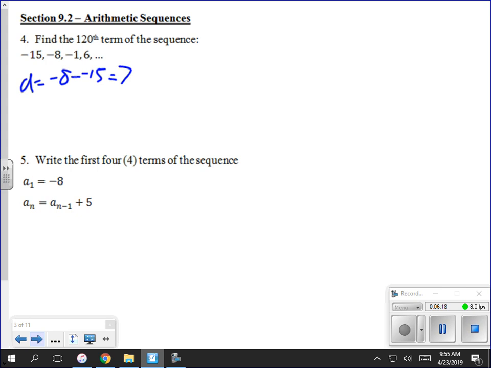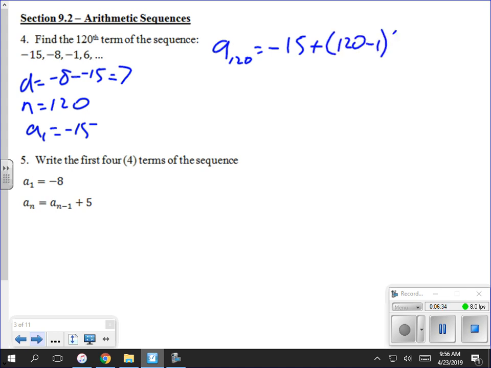Okay, so my D is 7. N is 120. A sub 1 is negative 15. So A sub 120 is negative 15 plus 120 minus 1 times 7.